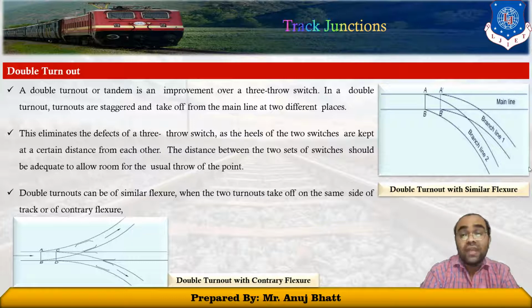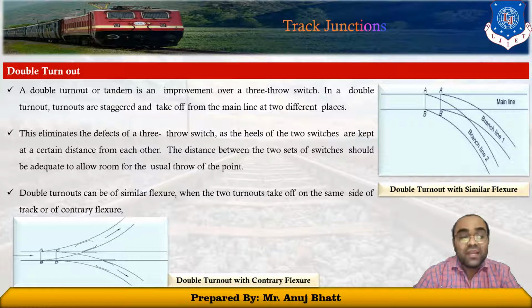The main line is going in the straight direction, while these branch lines are at the curved place. You can see those two lines start at different locations, while the other ones start at the same point. The first branch line might start from A and the second from B, so these two different branch lines start at different locations.